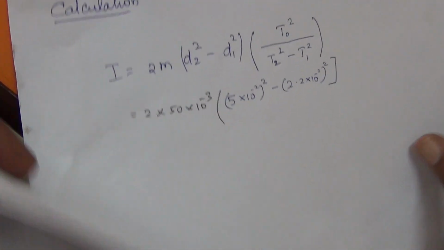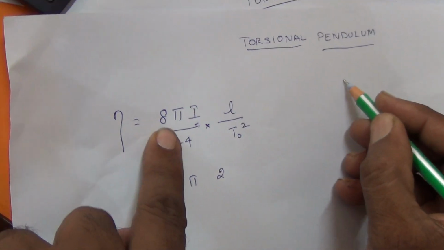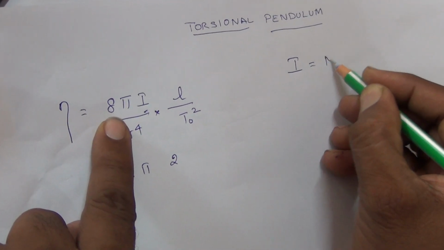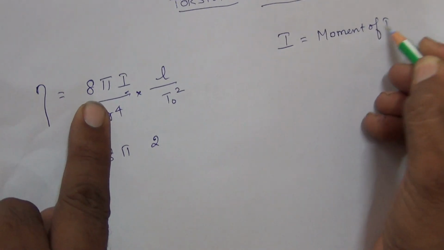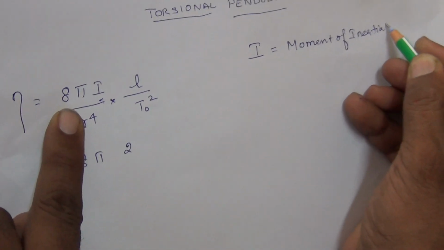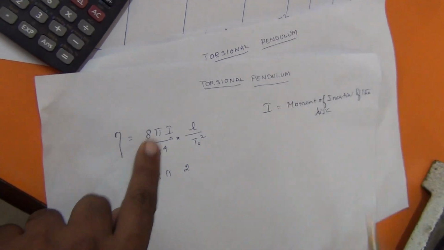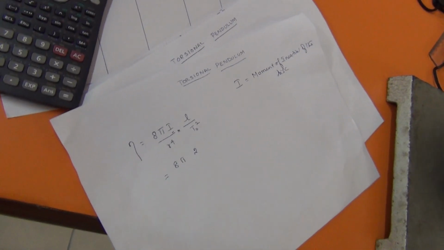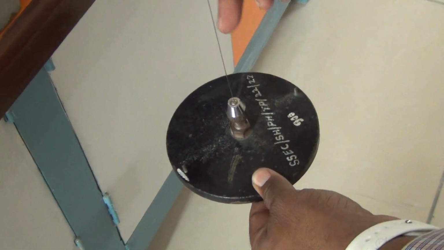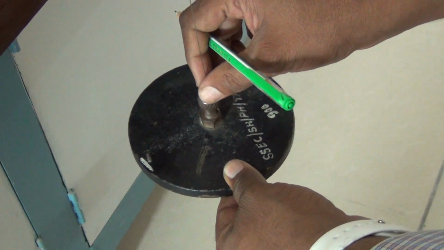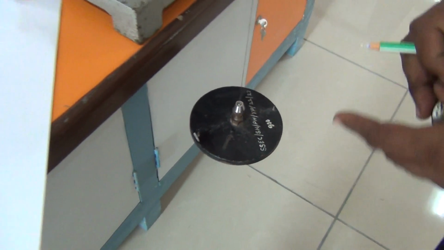The second thing we have to find is I, the moment of inertia of the disc. This is your disc. About the axis, what is the moment of inertia? Simply we could put mr squared by 2, but it won't be right.